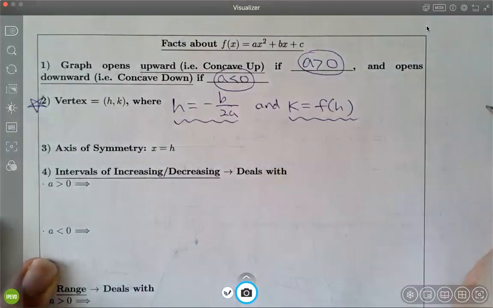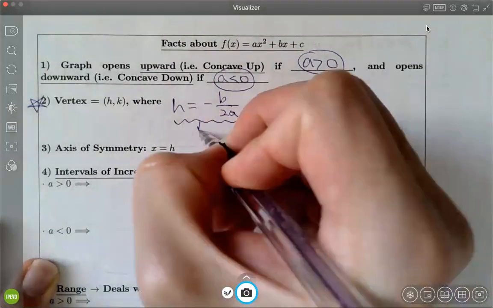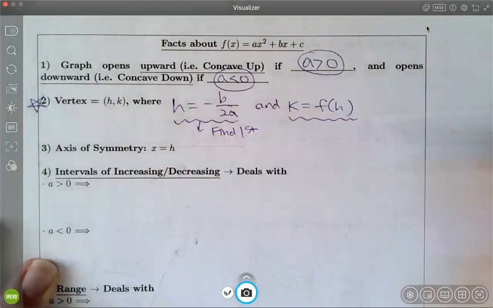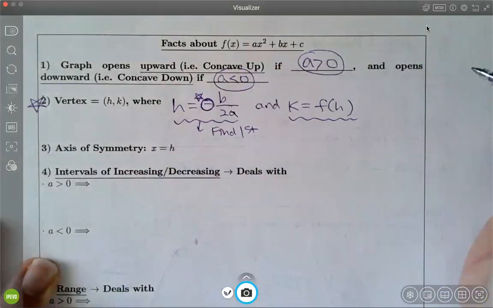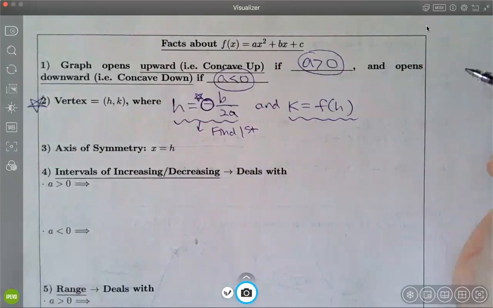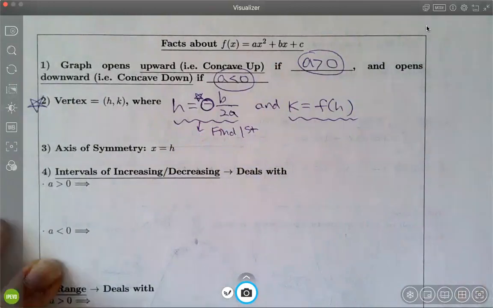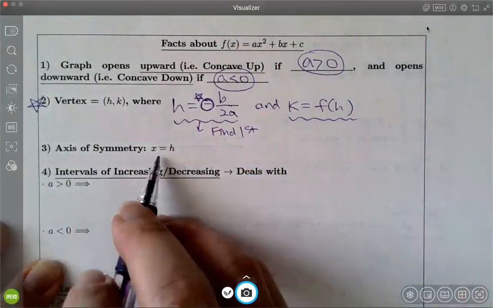So you have to first find h, and then to find k, you plug h into x. And be careful with this extra negative sign in front. It's negative b over 2a, not just b over 2a. Okay, and then the axis of symmetry is x equals h, which we just saw.